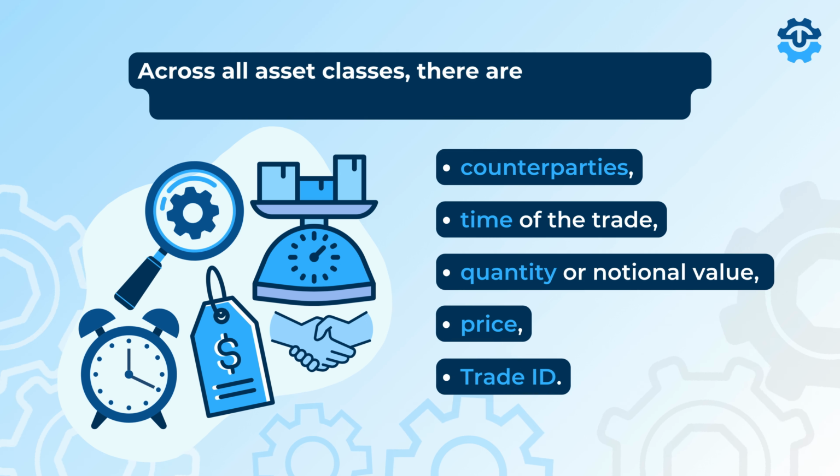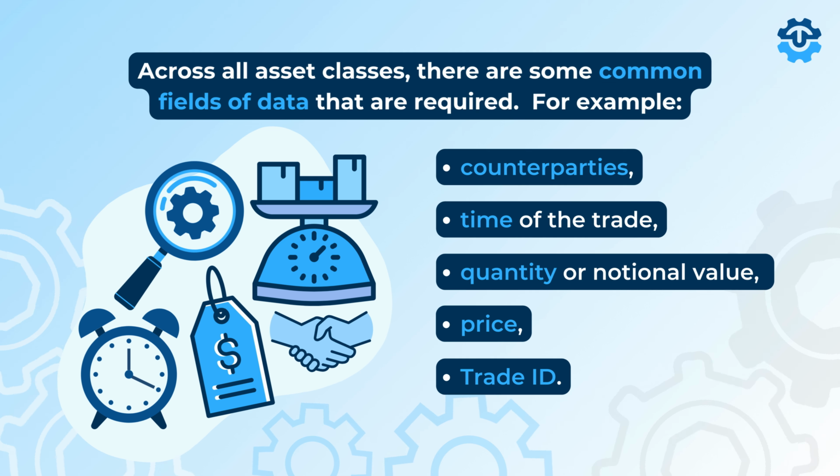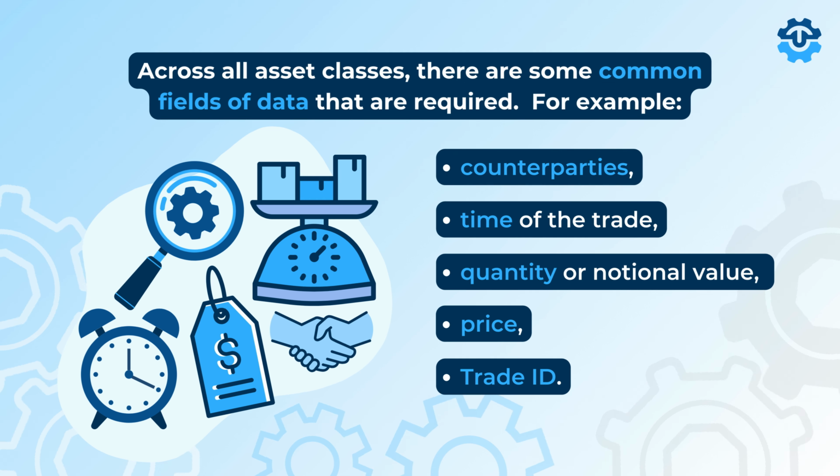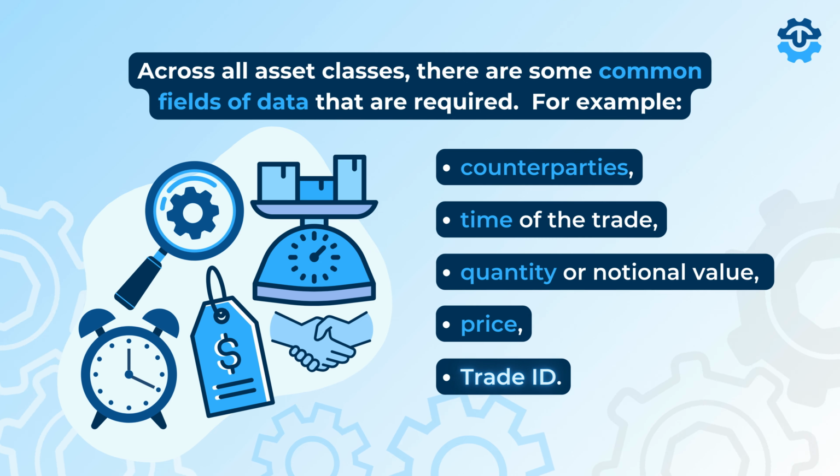Across all asset classes, there are some common fields of data that are required. For example, the counterparties, time of the trade, quantity or notional value, price, and trade ID.